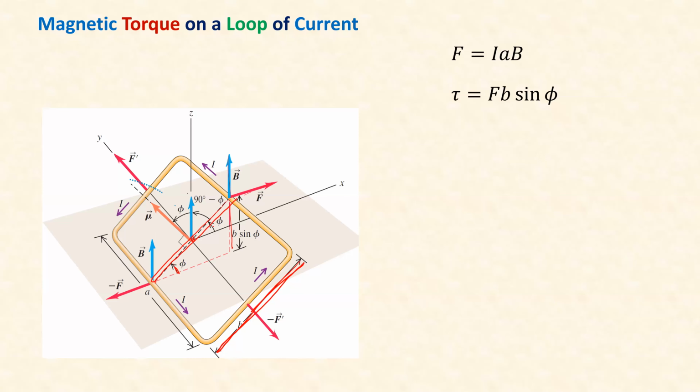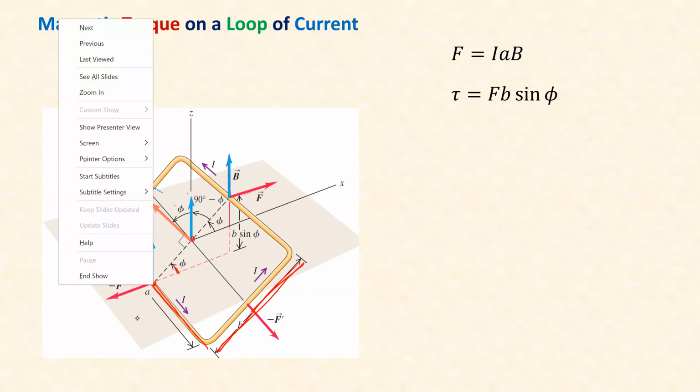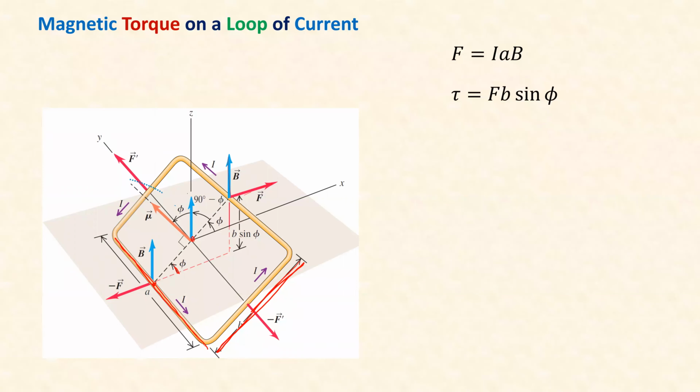This is the perpendicular distance of the force to the axis of rotation. Suppose you take this as the axis of rotation, then yeah, this is the perpendicular distance of the force to the axis. All right, so tau is force times perpendicular distance, it becomes b sine phi. And then if you replace force by IAB, you say IAB, b sine phi.